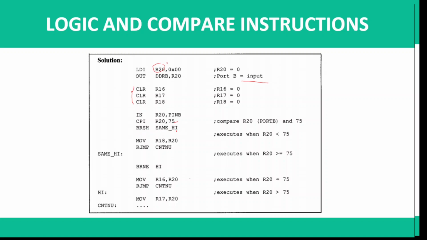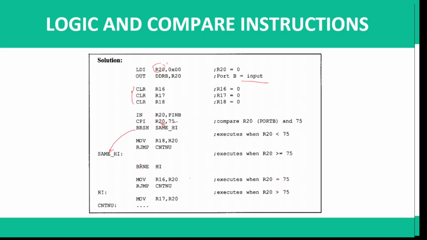BRSH, branch if same or high. So pag i-compare nato first, let's say ang atong value is 75 also. We have R20 equal to 75. So meaning 75 ang R20, our pin B is 75, meaning it is same. So since same iyang value, it will go to this loop.